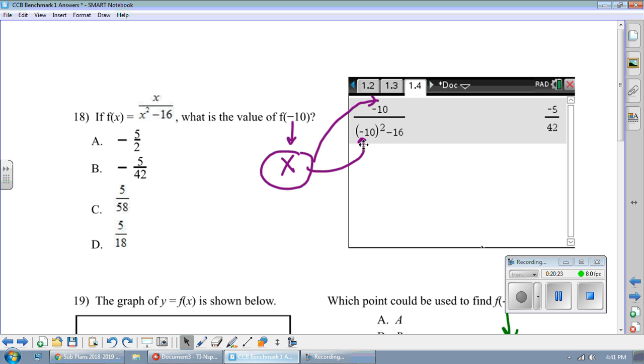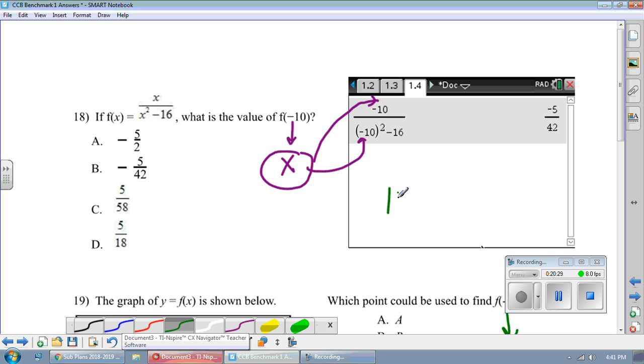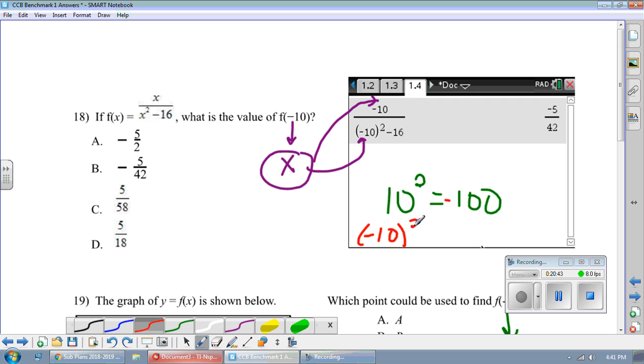If you do not put the parentheses and then you put squared, it will just take a 10, square it, and say, okay, 100, and then it'll think you want to just put a negative on the front of that answer. A negative 10 squared actually means negative 10 times negative 10, positive 100.